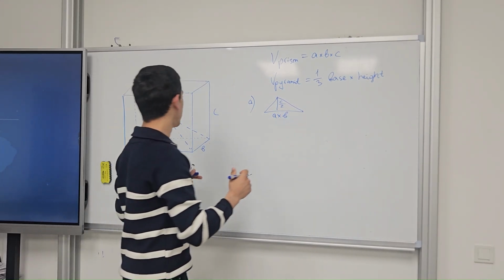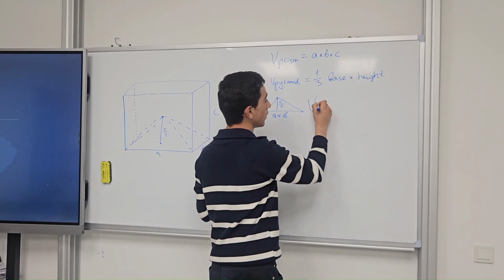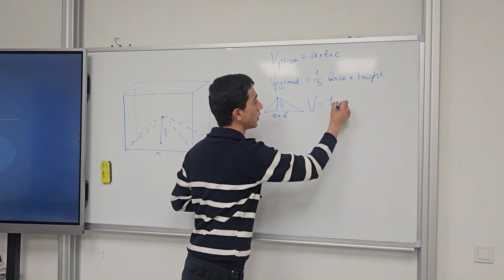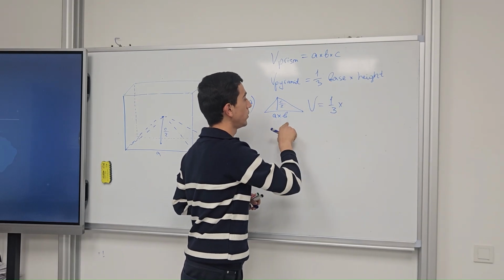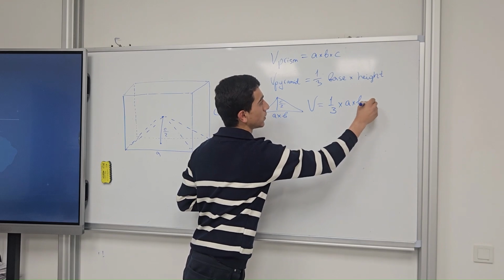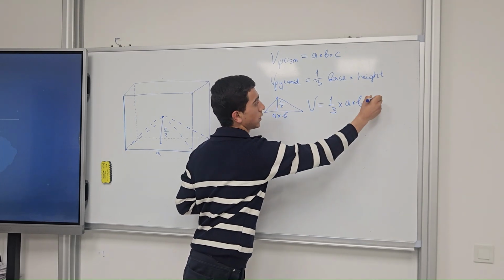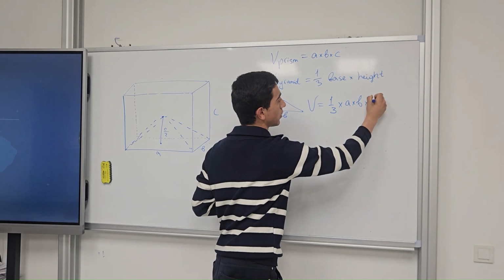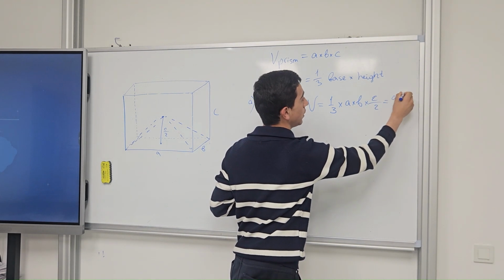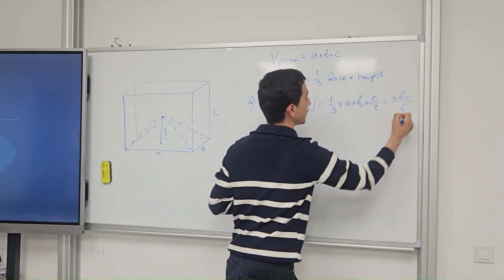Let's calculate the volume of this pyramid. You can see here the volume is 1 over 3 multiplied by base. The base is A multiplied by B, multiplied by height. The height is C over 2, and overall it is ABC over 6.